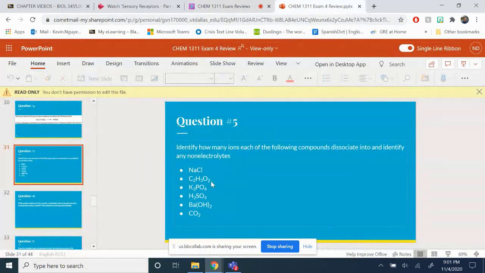Exactly, so we're going to have 4 ions. The potassium is going to break up into 3 potassiums, and then we have 1 phosphate group. So it's going to be 4 ions. Okay, what about the next one? This one's a little tricky. I'll give you that as a hint.